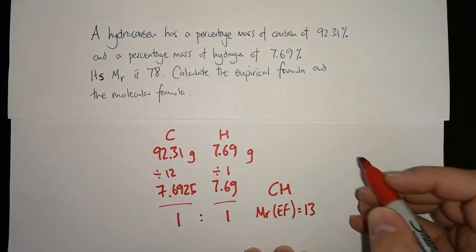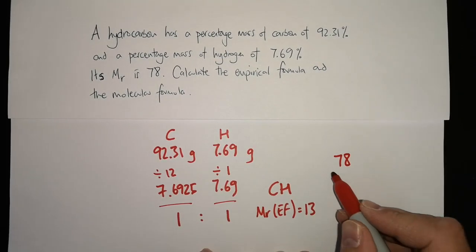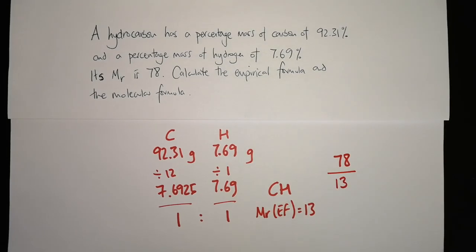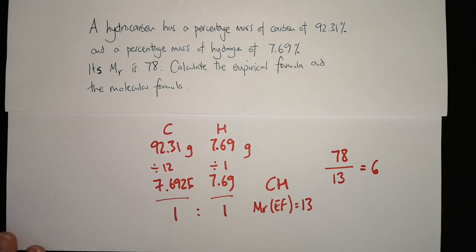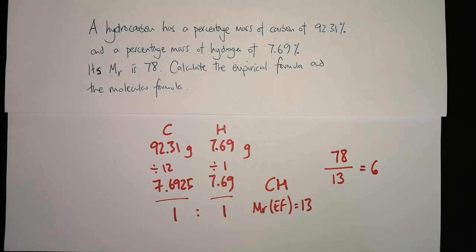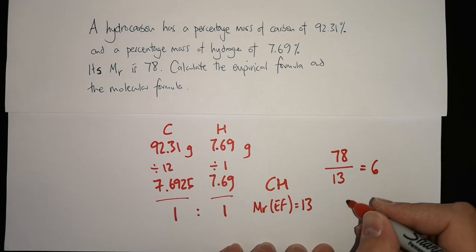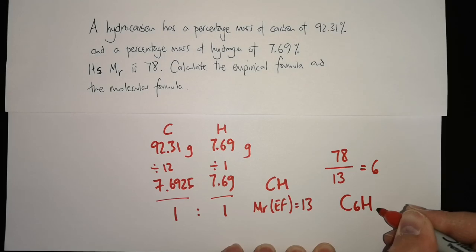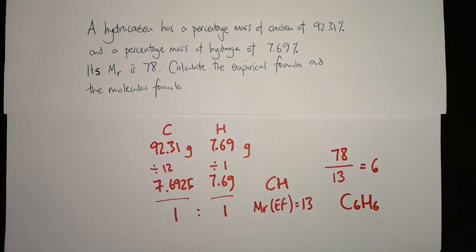So I'd do 78, which is the Mr of the molecular formula, divided by 13, which is the Mr of the empirical formula, and I'll get an answer of 6. That means that the empirical formula is multiplied by 6 to get the molecular formula. So the molecular formula is C6H6. That is the molecular formula of benzene.